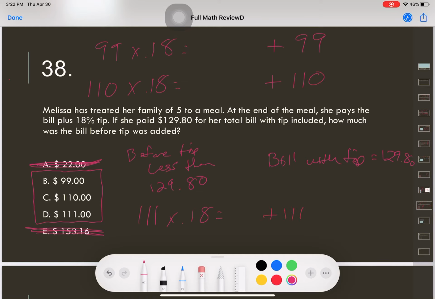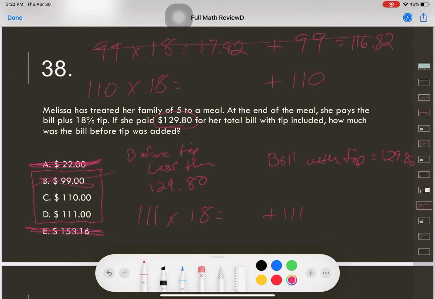So I'm going to say 99 times 0.18 will give you 17.82, plus the 99 will be 116.82. It needs to be 129. So nope, rule out the 99.